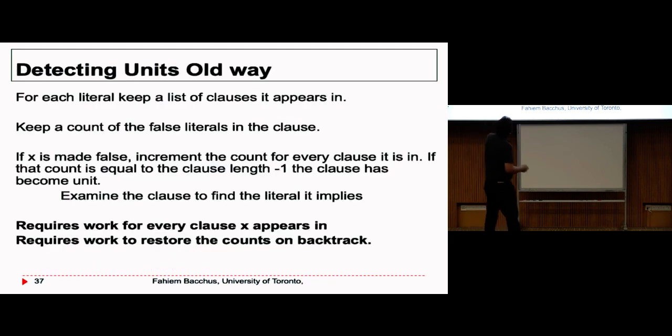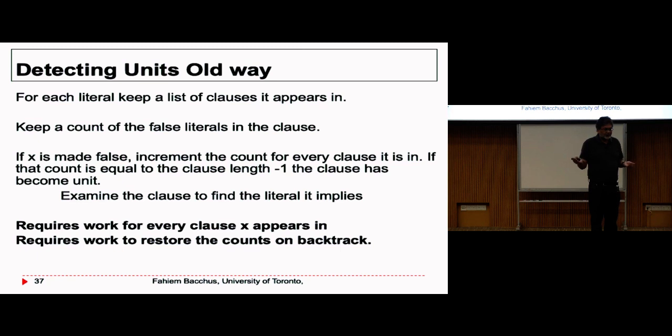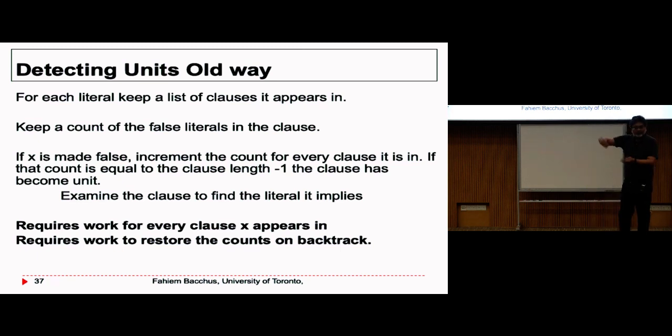Okay? So, how could you do this? There's an old way of doing this. Basically, for every literal, you keep a list of the clauses that it appears in. And you keep a count, in every clause, of how many false literals are in that clause. And so when you set x to false, you increment the count of the clauses it's in.